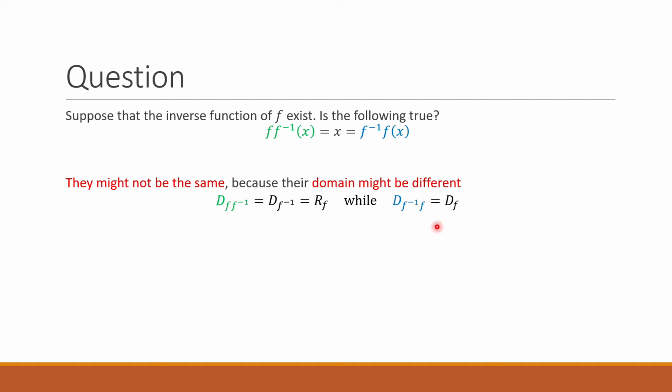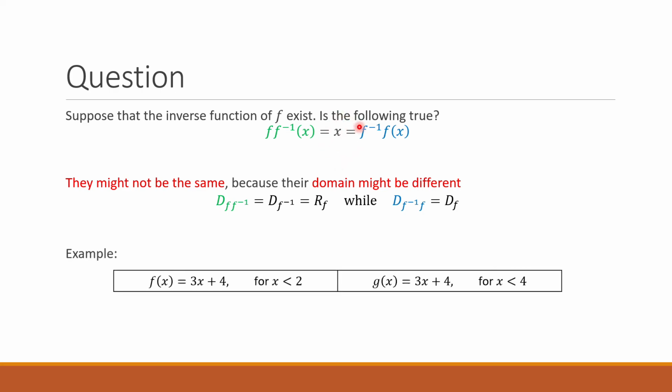In general, the domain of f and the range of f are different. So in other words, the domain of f inverse f and the domain of f inverse are, in general, different. That is the reason why, in general, these two functions are not the same, even though they share the same formula.